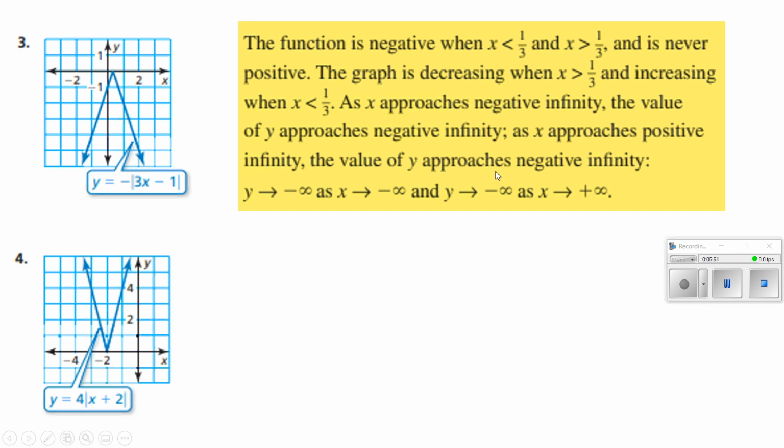As x approaches negative infinity, the value of y approaches negative infinity. And as x approaches positive infinity, the value of y approaches negative infinity again. This one is written correctly.